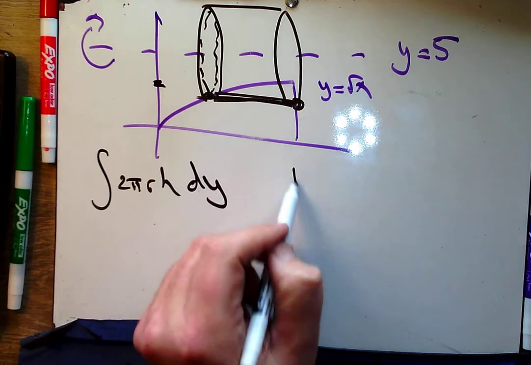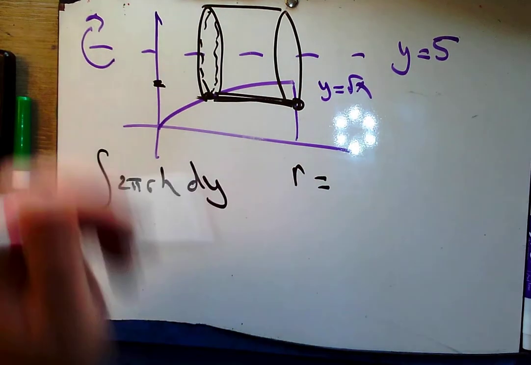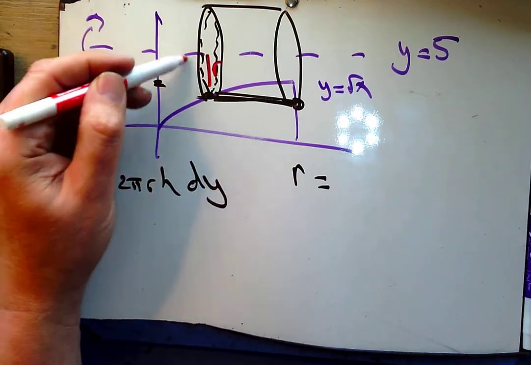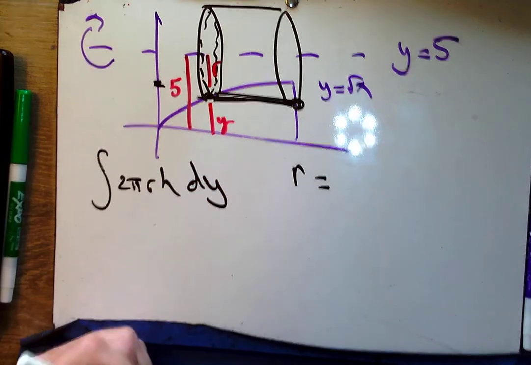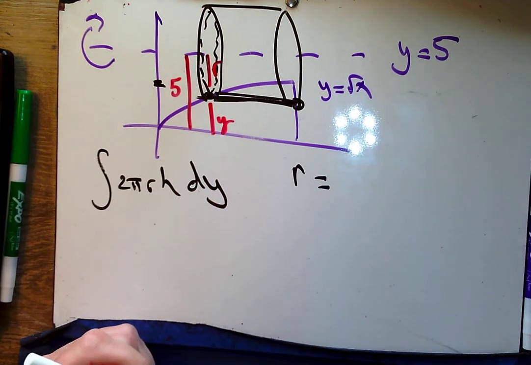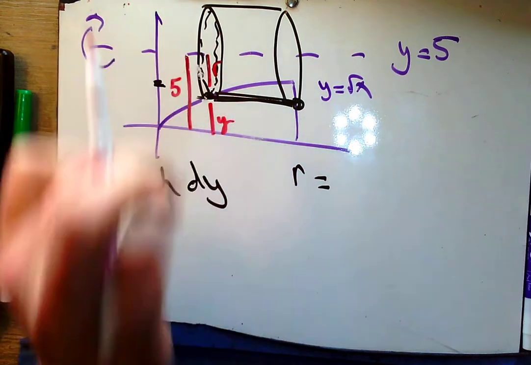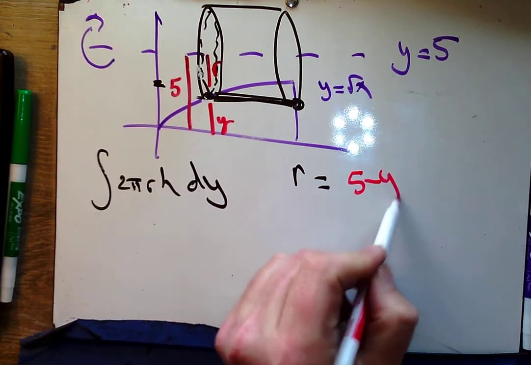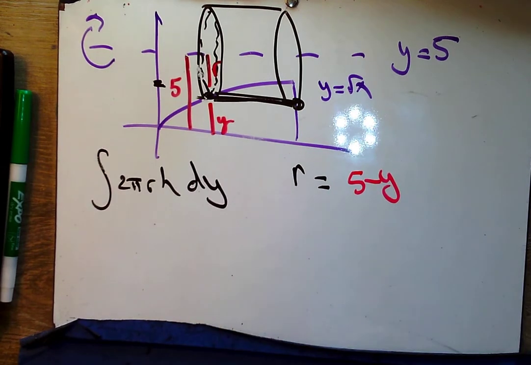Okay. R. What's r? Well, that's r, and that's 5, and that's y. So, 5 take away y gets me r. And it's a dy integral, so I'm pretty happy about that.